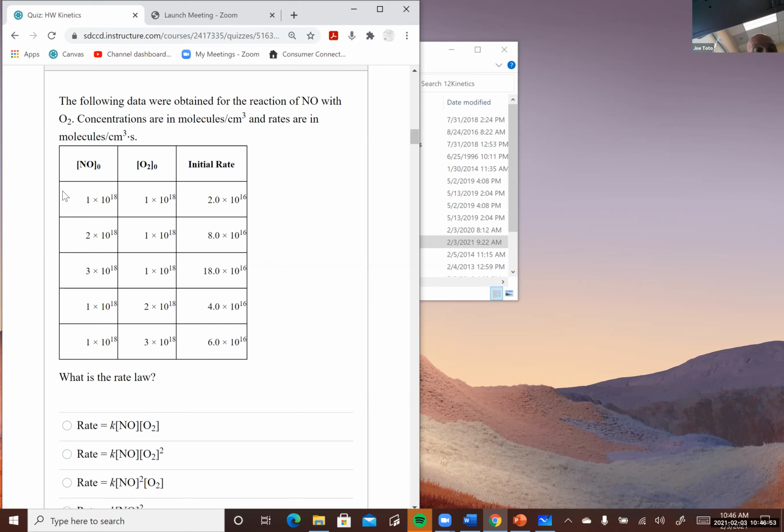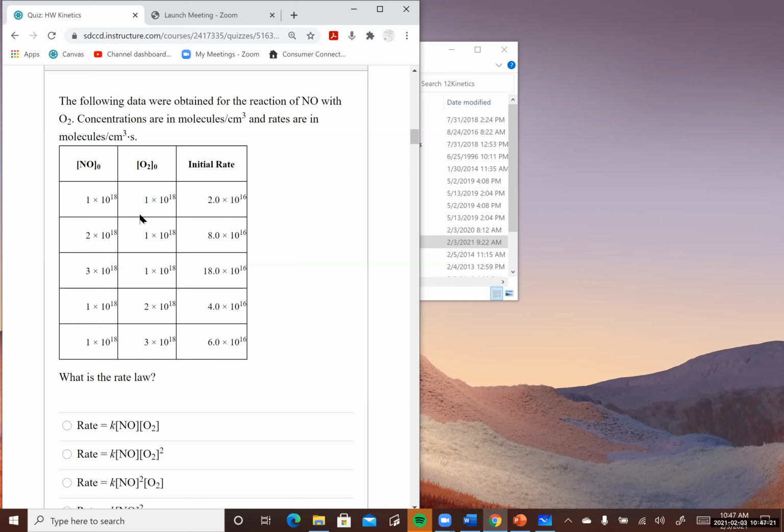So I looked through the different experiments, 1, 2, 3, 4, 5. I see experiment 1 and 2 doesn't change oxygen, but it doubles the concentration of NO. So by looking at the results of experiments 1 and 2, which reactant am I trying to find the order of?